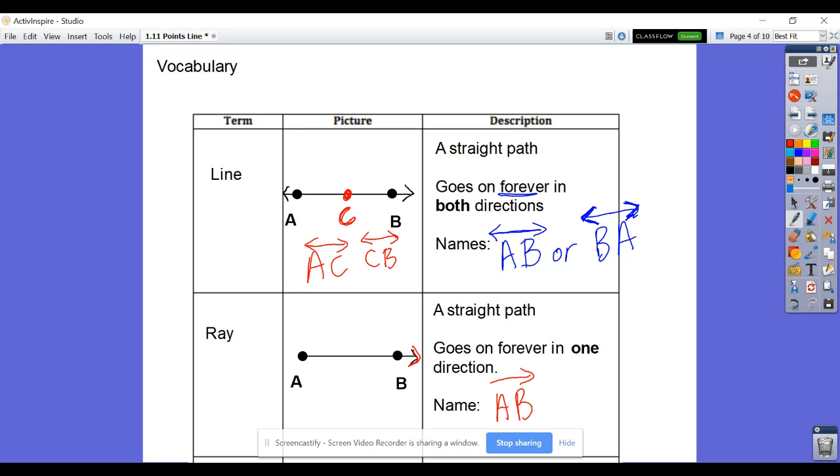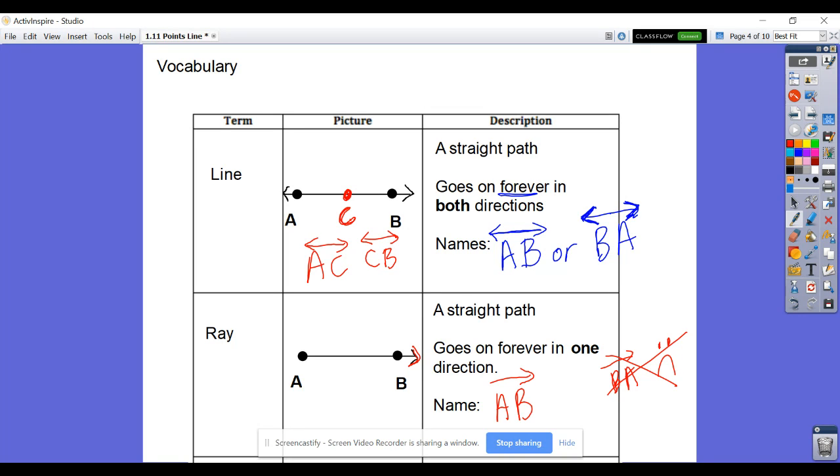And you might be saying, Mrs. George, but why can't we call Ray BA? Oh my goodness, don't you dare. If you try to call Ray BA like that, Ray is going to start crying. I don't like nicknames. I'm not BA. My name is AB. How dare you call me that? He is just so sensitive. So please always name him correctly.